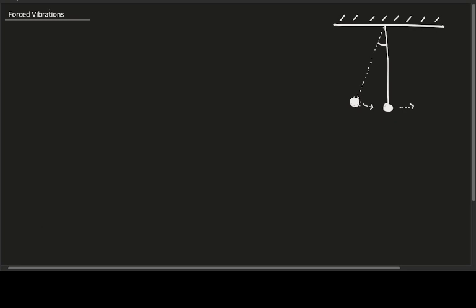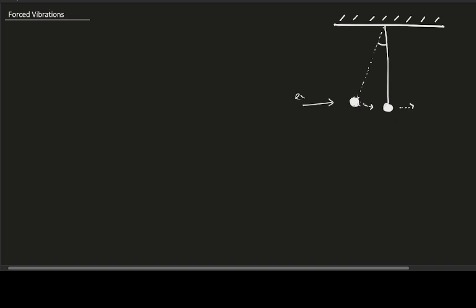So previously we had discussed free and damped vibrations. Today we are going to study forced vibrations and what makes them different. In the case of forced vibrations, we are the ones who are putting the force on the bob.